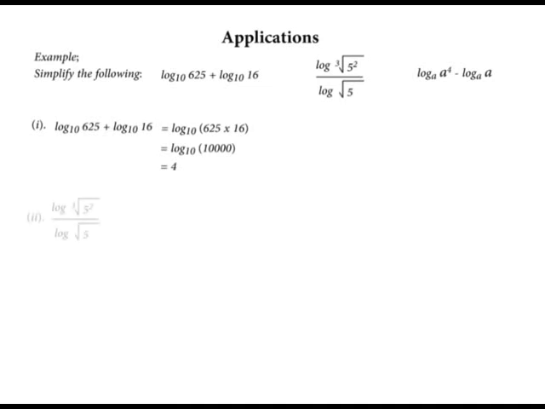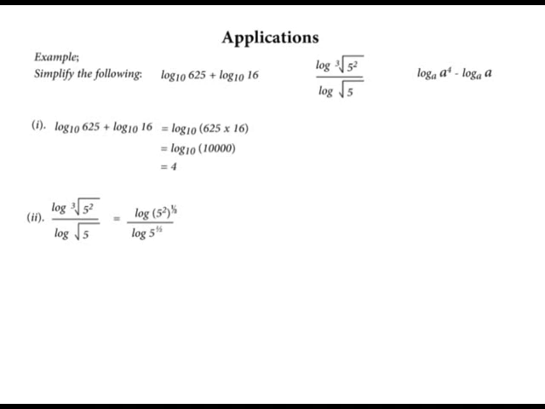Number 2, log cube root of 5 squared over the log of square root of 5. This is equal to log 5 squared raised to power 1 over 3. Cube root is the same as index of 1 over 3, over log 5 raised to power half. Power half means square root.